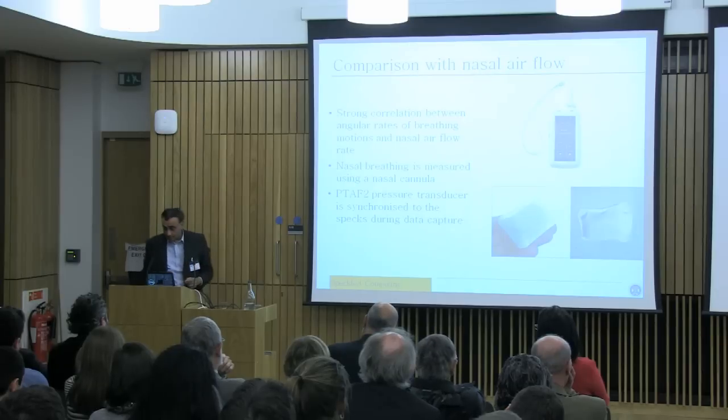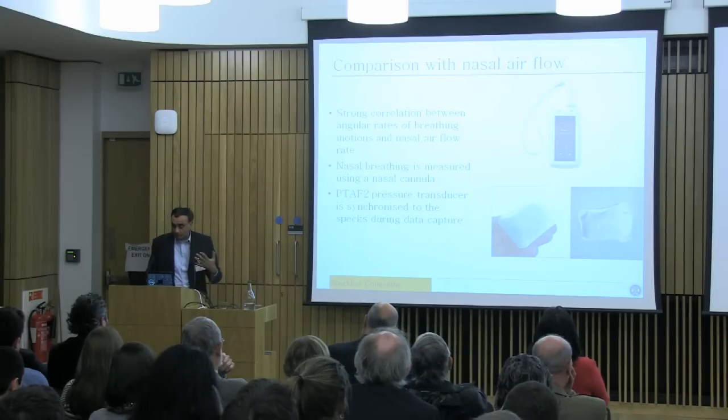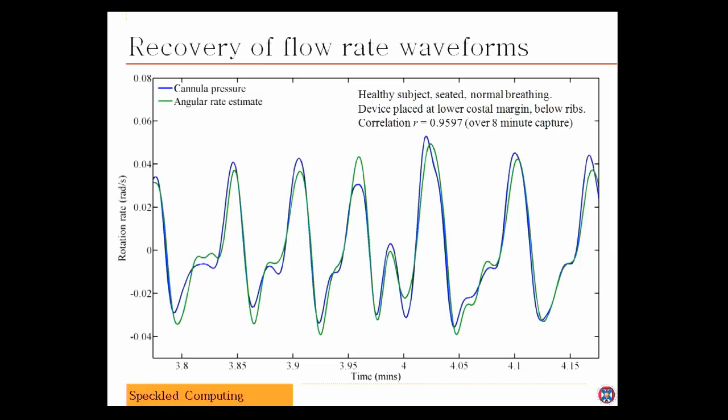Are you able to measure the breathing and the flow by having these devices on the person here? We were very fortunate that we had collaboration with Gordon Drummond, who's at Edinburgh Royal Infirmary, and we were able to demonstrate that there was indeed a very good correlation.